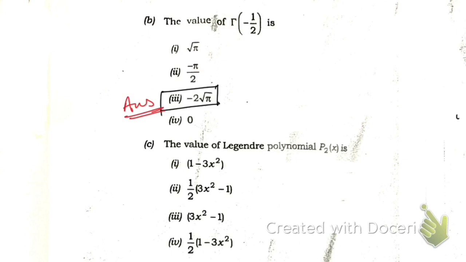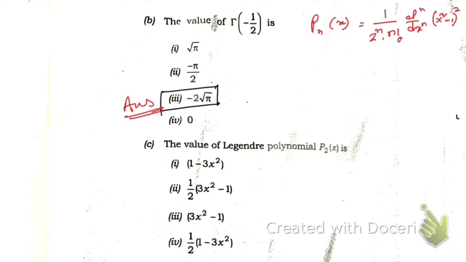So we know that the Legendre polynomial Pn of x is given by 1 by 2 to the power n into factorial n, times the nth order derivative with respect to x of x square minus 1 whole to the power n.